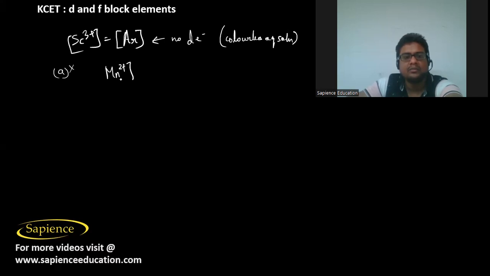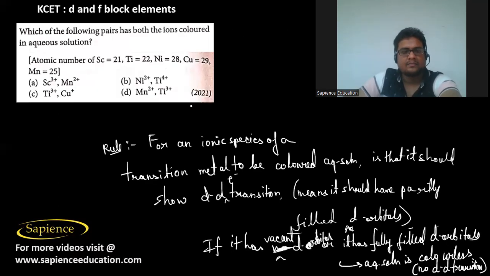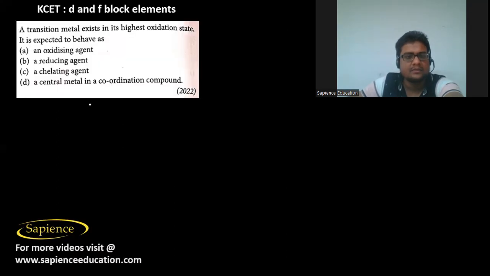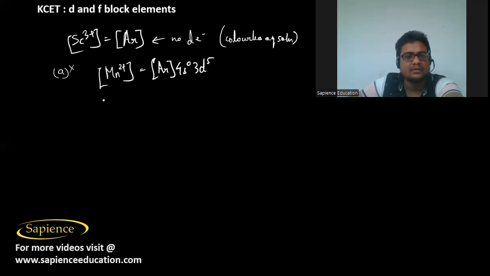And for Mn2 plus, it will have the electronic configuration as argon 4s0 3d5. And then the electronic configuration for Ni2 plus, that will be argon 4s0 3d8.